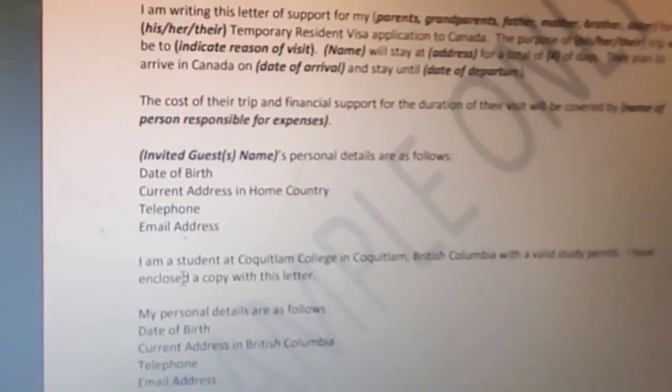Then you are now going to tell who you are, giving information about yourself. So it says, I am a student. If you're a student, you write that you're a student. Or if you're employed, you write that you're employed, and the name of the place you're employed at, or the name of the school you're studying at.